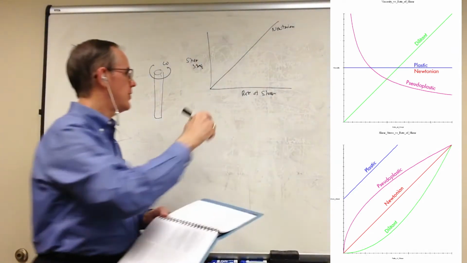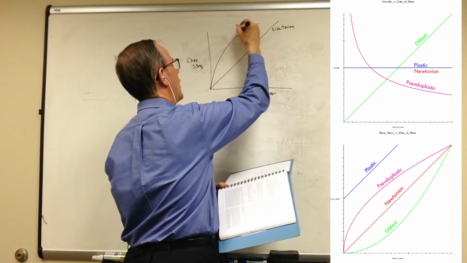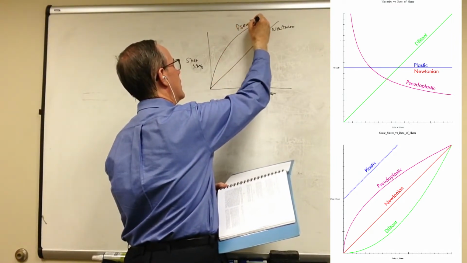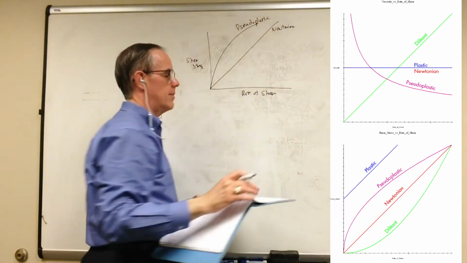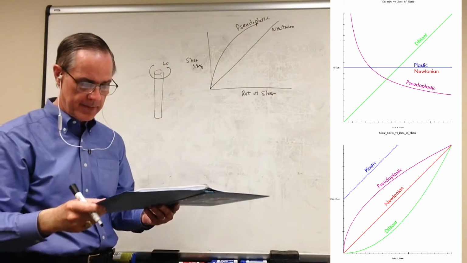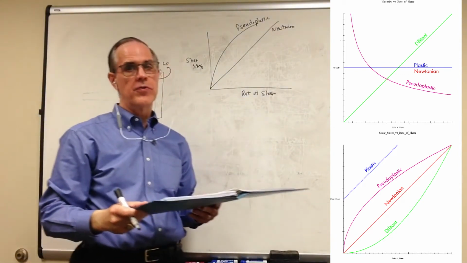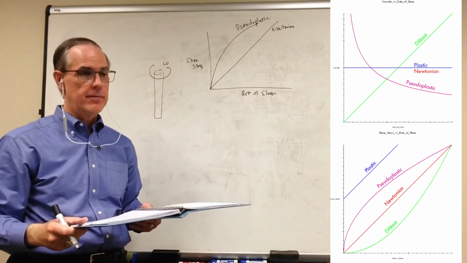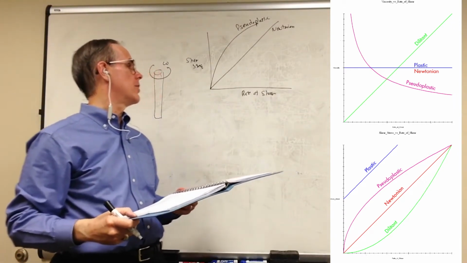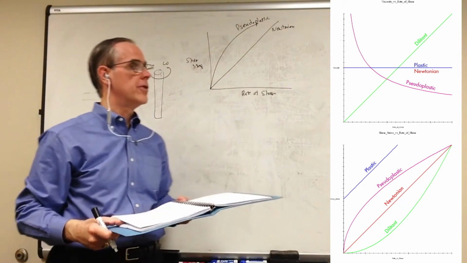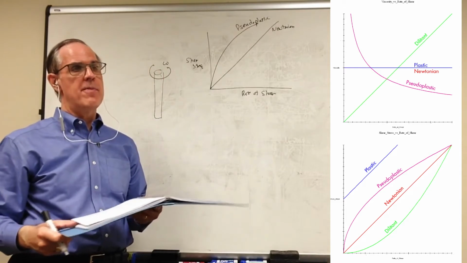If you have a fluid that actually starts out going up very fast, it is called pseudoplastic. The best known pseudoplastic fluid is human blood. As the rate of shear increases, the increase of the shear stress diminishes.